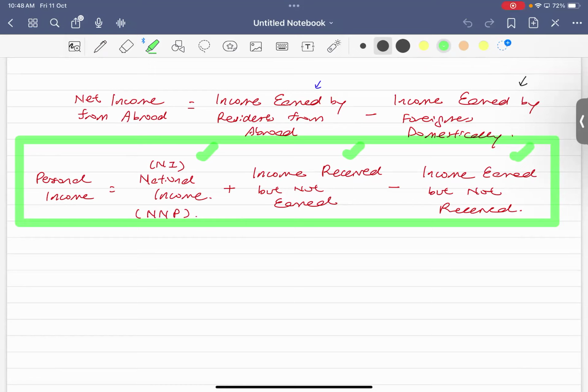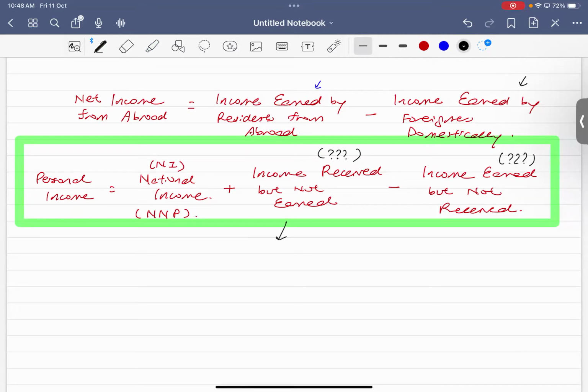I want you to think of an example for these two. Income received but not earned means that you receive the income already, but you have not contributed your service yet. So I received the money first, but I haven't contributed my service yet.